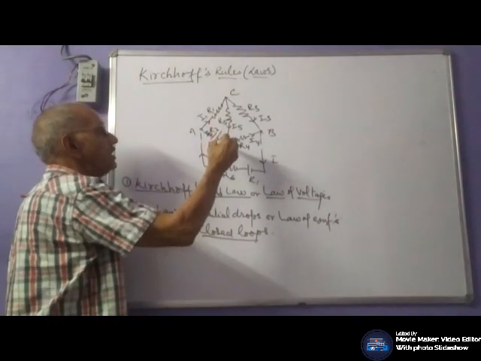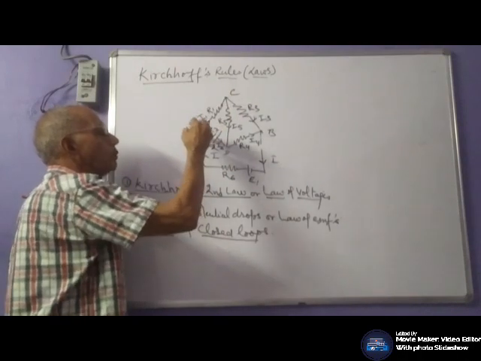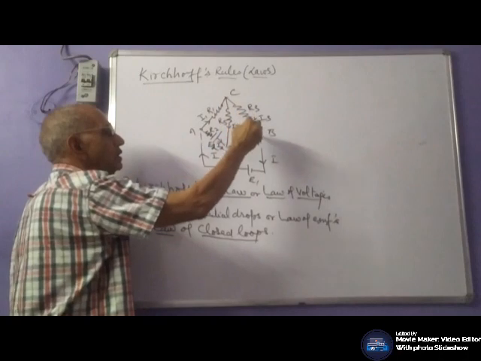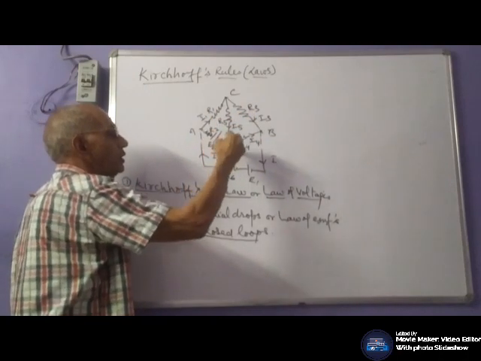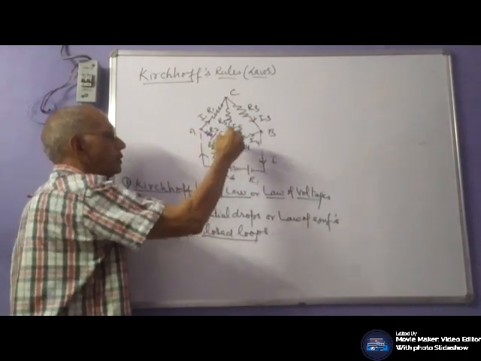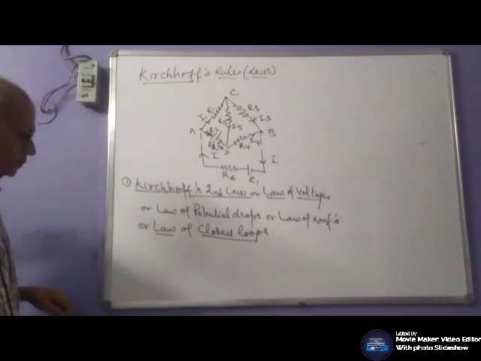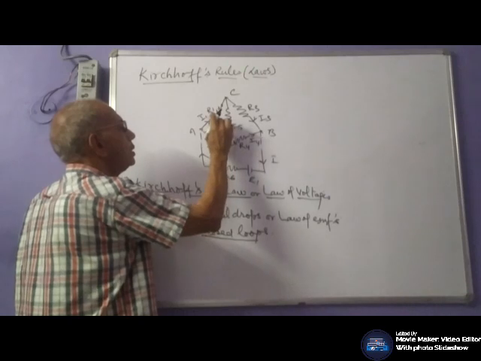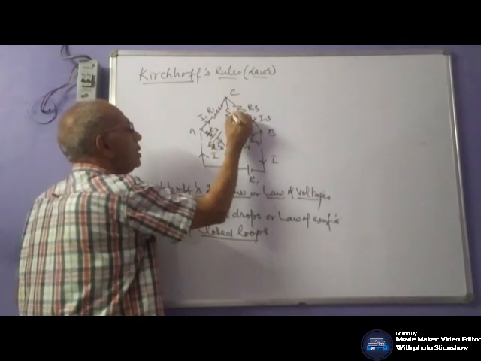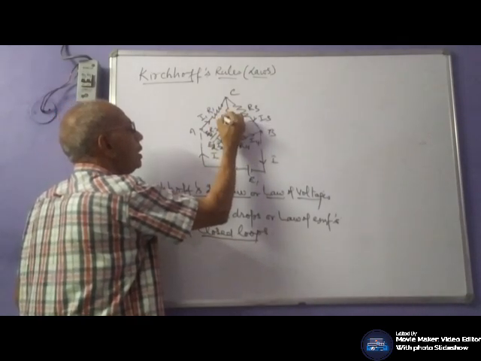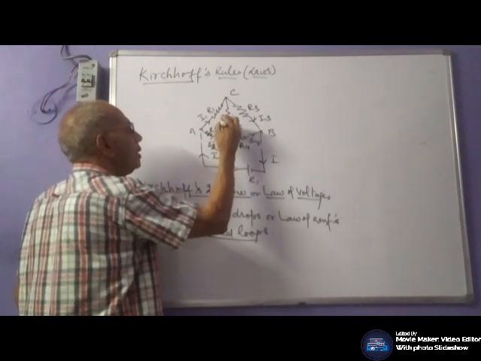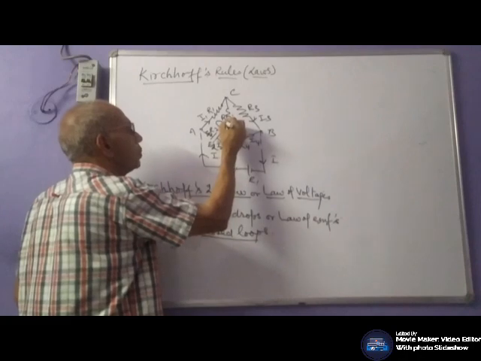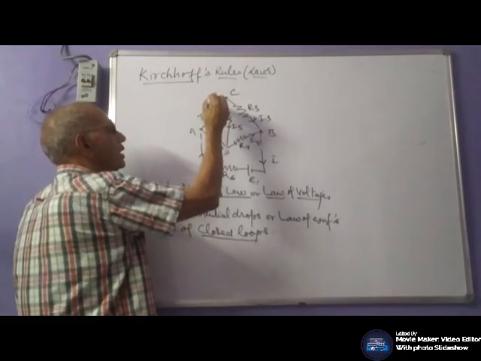This ACD is a closed loop. This CBDC is a closed loop. This ADB is a closed loop. Which one?